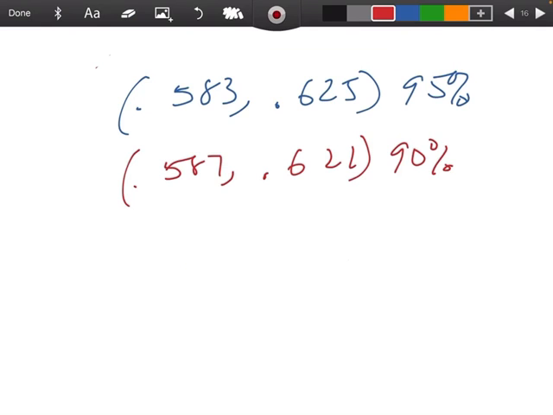So here's my 90% confidence interval, and here is my 95% confidence interval. Which one is wider? The 95% is the wider one.